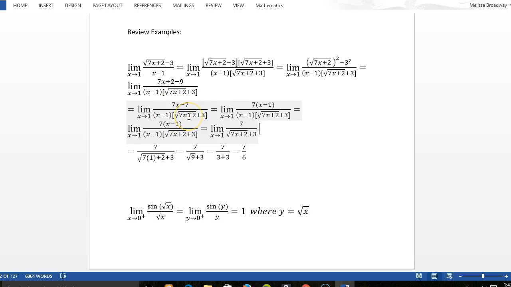Now we're still not completely satisfied because we still get 0 over 0. A 0 on account of this guy up top, and for the bottom on account of x minus 1. x is zeroing in on 1 after all. But here's what we do. We factor out a 7, and we get 7 times x minus 1, in parentheses, up here where my cursor is.